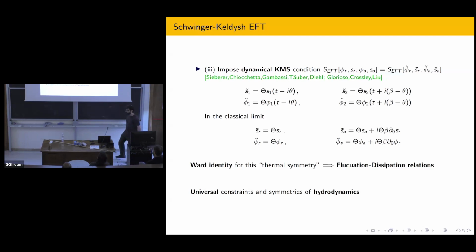So maybe you are more familiar with this transformation in the classical limit, in which the stochastic fields are expanded in an h-bar expansion. And then it takes the form that is shown here. So it involves a time derivative of the physical field in the transformation of the stochastic field.